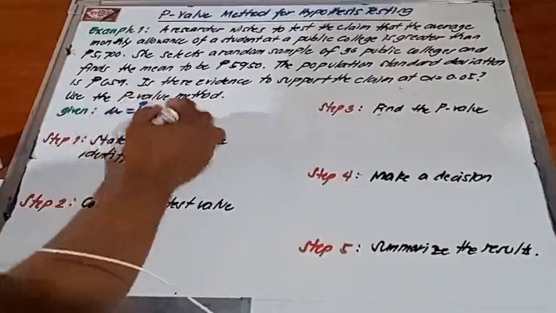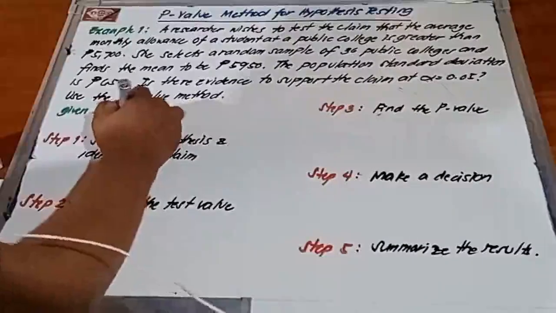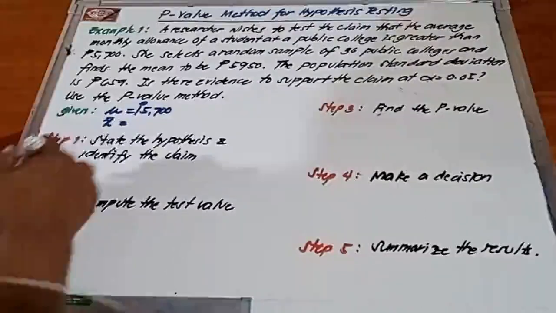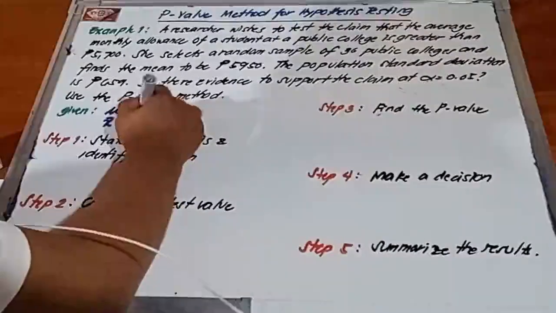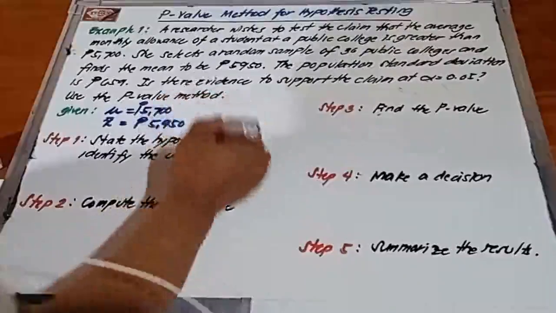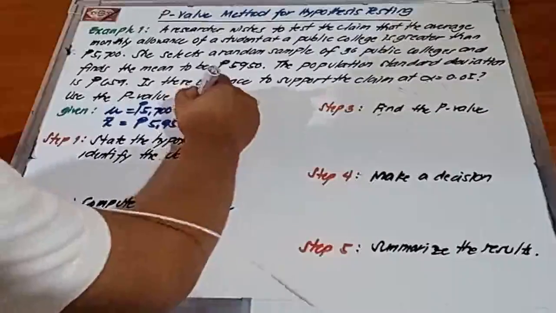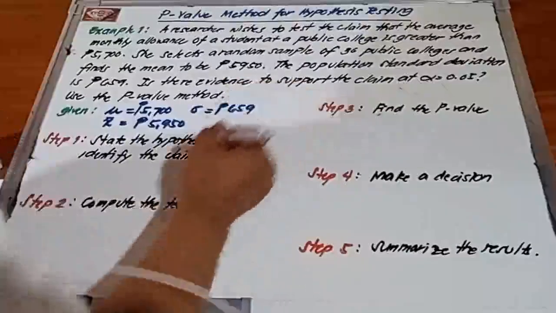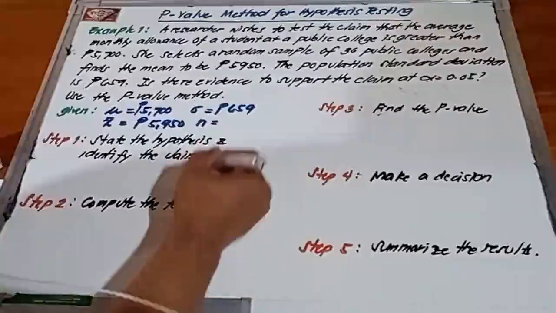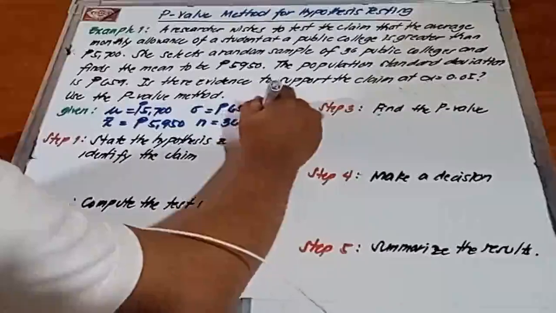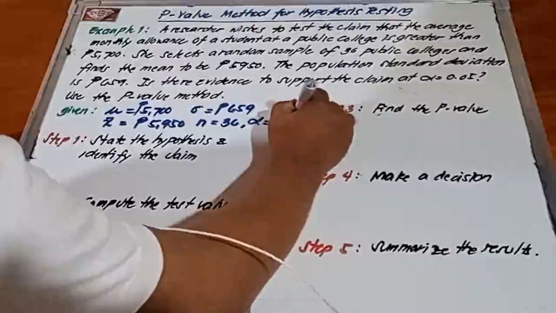And then yung sample mean, yung nagsampling siya, lumabas na ang monthly allowance ng estudyante ay, ang average ay 5,950. And then, ang population standard deviation is 659 pesos. The sample size is 36 and our alpha is equal to 0.05.